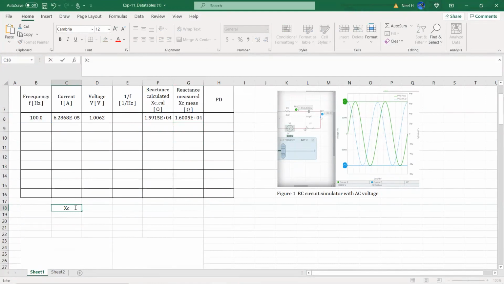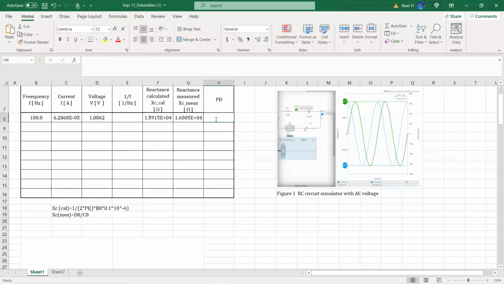Doesn't matter what voltage we applied, okay? It's going to be XC calculated by using the equation, and it's going to be XC measured by using Ohm's law.